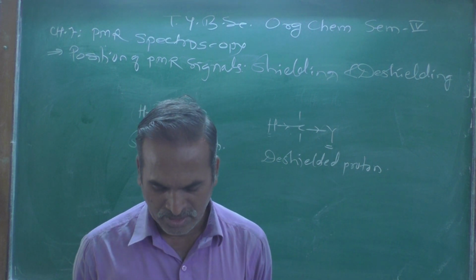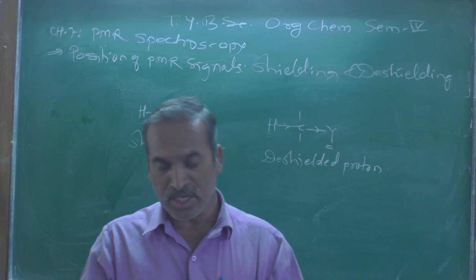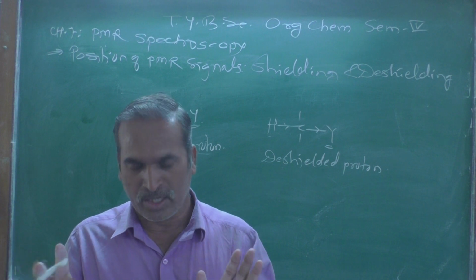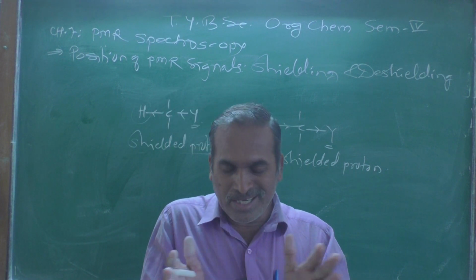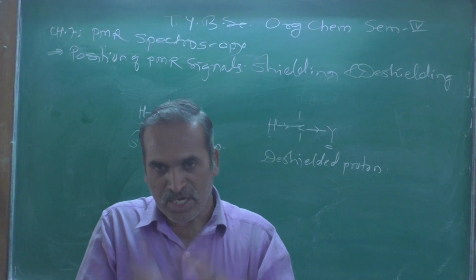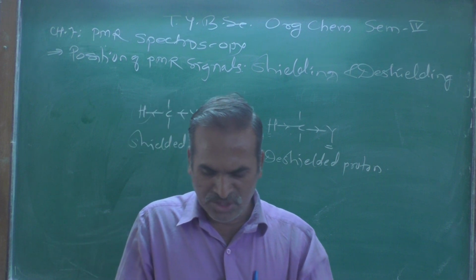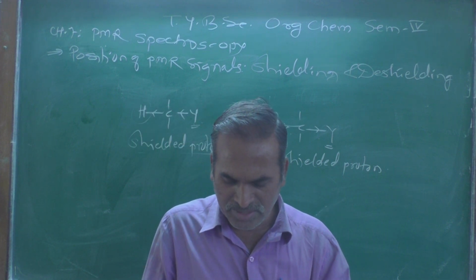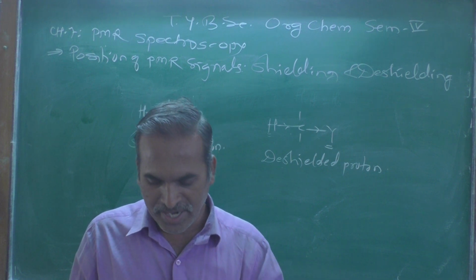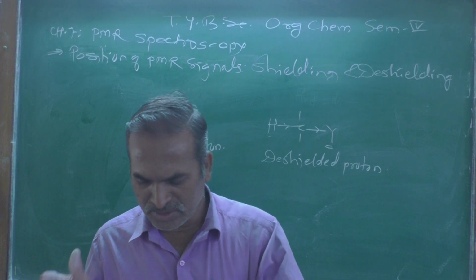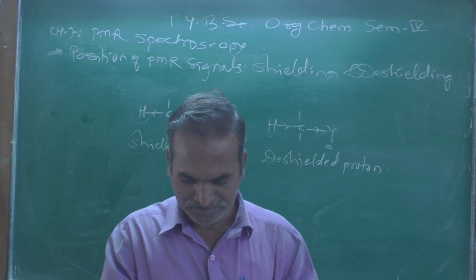Logically, any group that will decrease the electron density around the proton will decrease the shielding, that is cause de-shielding, and hence the absorption will take place at lower magnetic field.